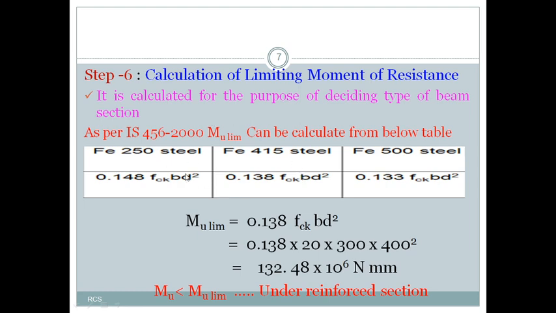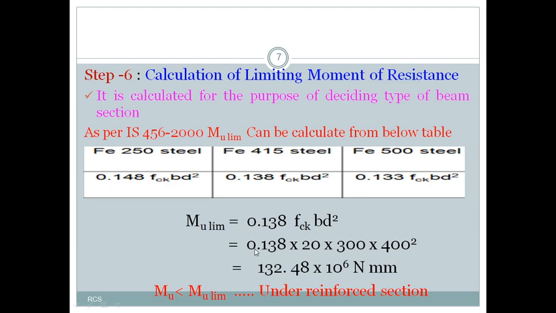Right, the limiting moment of resistance can be calculated as per IS 456-2000, as per this table. Based on the given grade of steel, grade of concrete and dimension of the beam, we can calculate the Mu limit. Say in the problem, the grade of steel given is Fe415. For that we have to use this ready-made formula, 0.138 fck bd square.